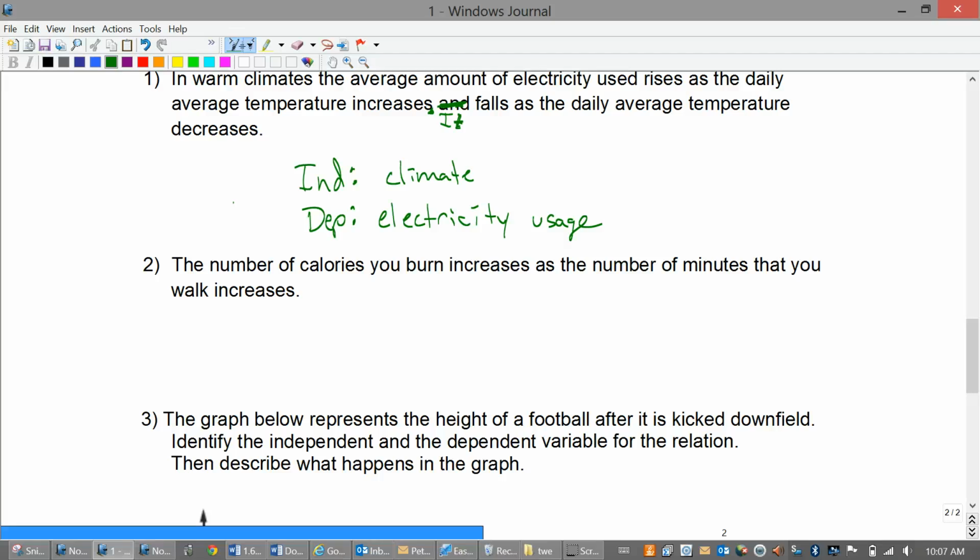Another way to look at it is you do not walk more because you're burning more calories, right? You're not walking more as a result of burning more calories. You're burning more calories as a result of you walking longer, right? Which one happens as a result? Which is the dependent? That's burning calories.